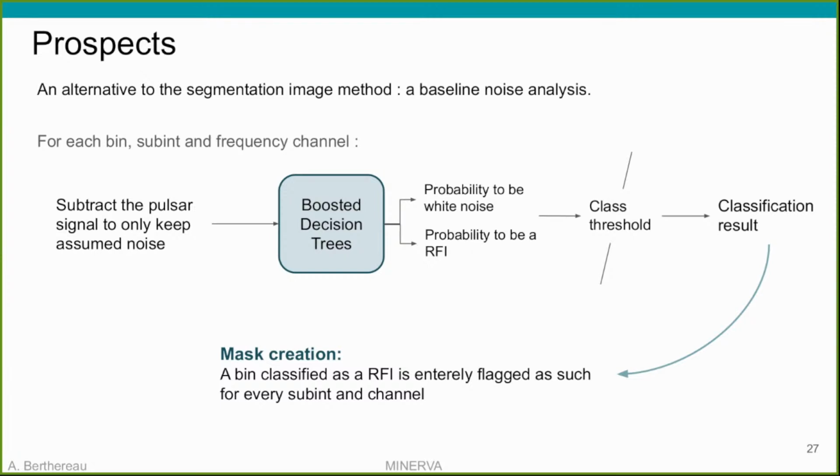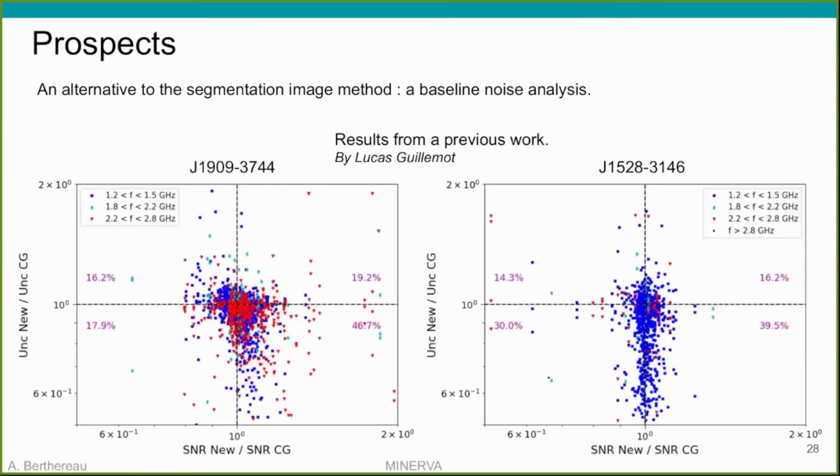We have some results for this method, preliminary results, made by Luca Guillemot. And so they still have the 2 pulsars that we were talking about previously, 1909 and 1528. And so the method has been run on more than 1 year of observation. So that's why you have a lot more delay.